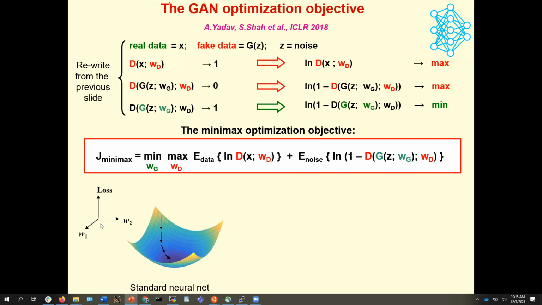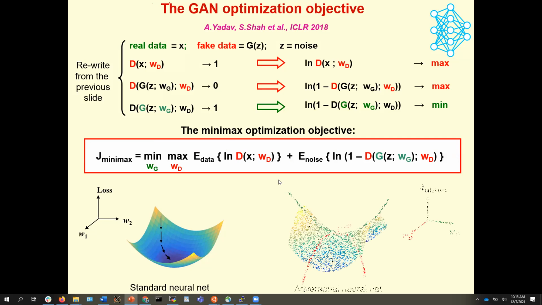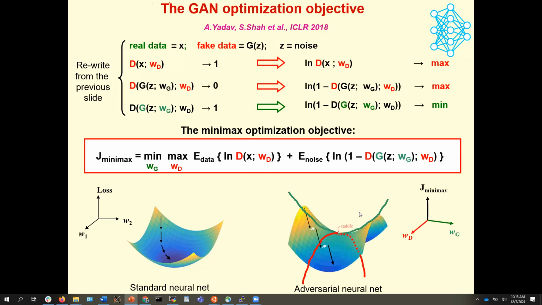I show only 2 weights here, but basically we consider all possible weights of the network, and we find a minimum of that function. In adversarial training, the picture is different, and it will be easier to explain it using this surface, which has a saddle point.